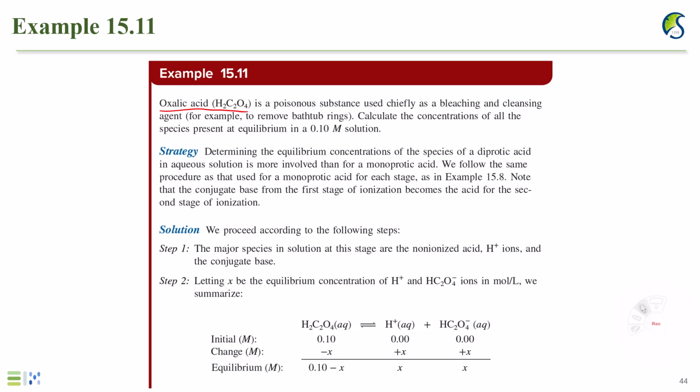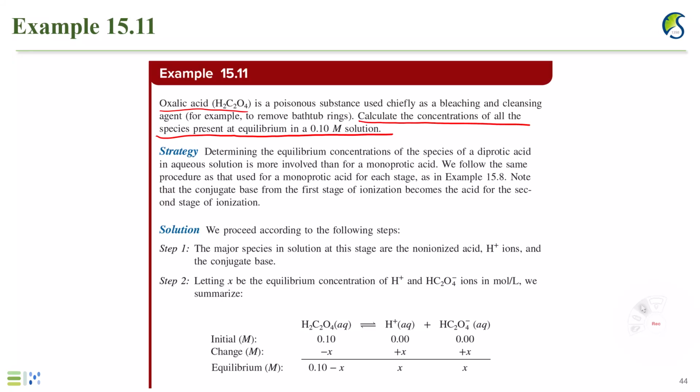You first work out how much of this oxalic acid will dissociate in the first step, and then you move on to the second step, where you repeat the same process. The final thing that you need to do is calculate the concentration of all the species present at equilibrium.